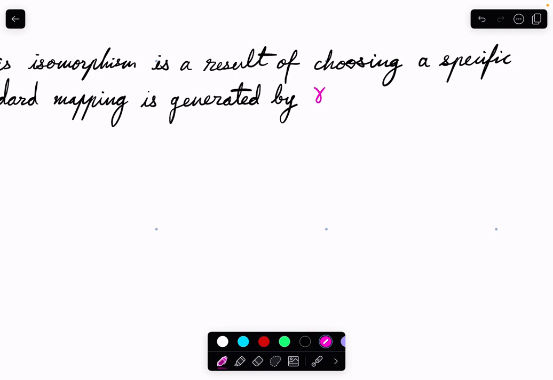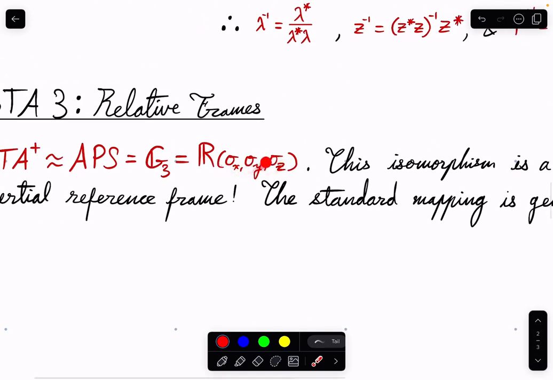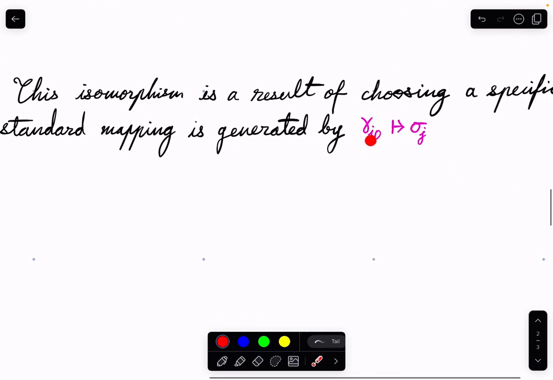I'll write it: gamma j naught maps to sigma j, where again this sigma is one of these basis vectors. So you have a bivector here mapping to a vector in the algebra of physical space.